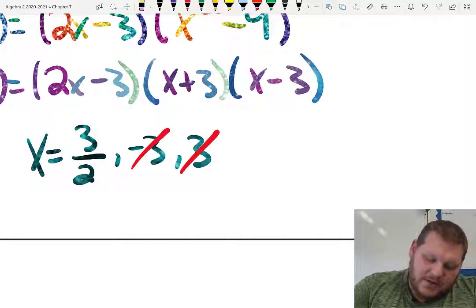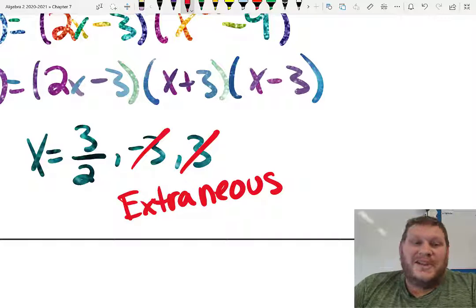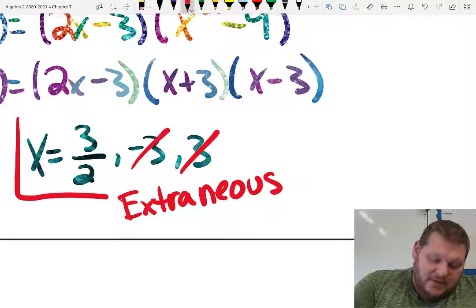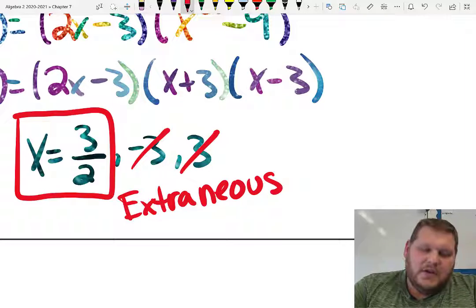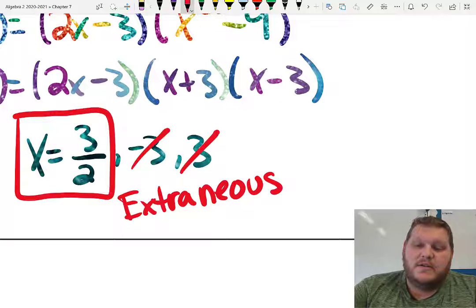Extraneous solutions, so I can't include them in my answer. It's just this 3/2 that would work without making my denominator 0. So that's my only solution.